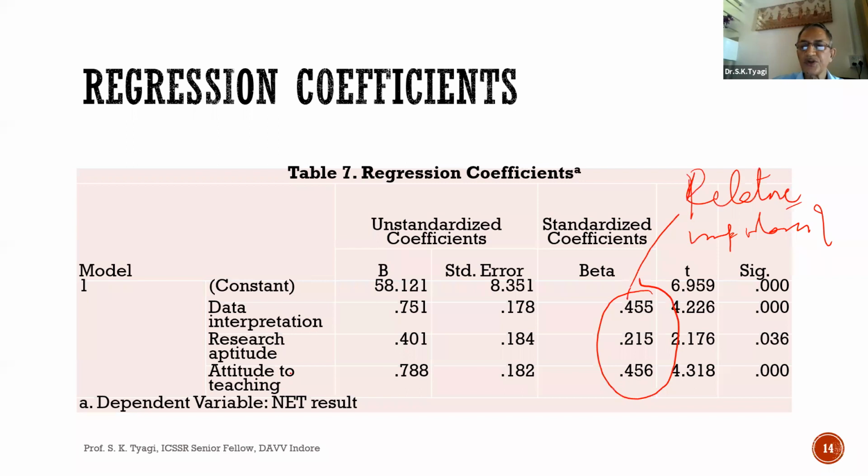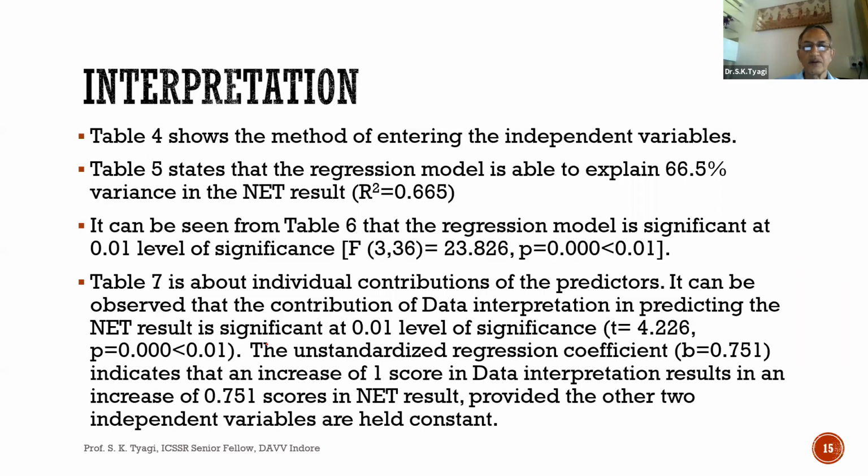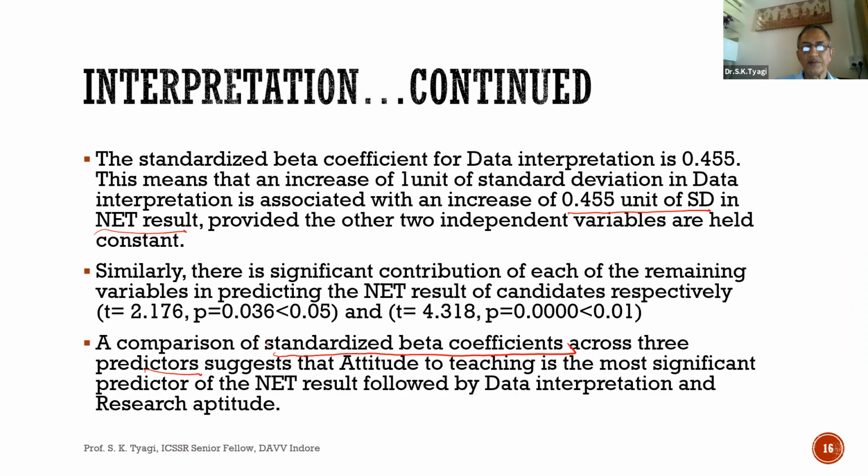So attitude to teaching is 0.456. This is the most important factor. Next is data interpretation, and last is the research aptitude. A comparison of standardized beta coefficient across three predictors suggests that attitude to teaching is the most significant predictor of the net result, followed by data interpretation and research aptitude.